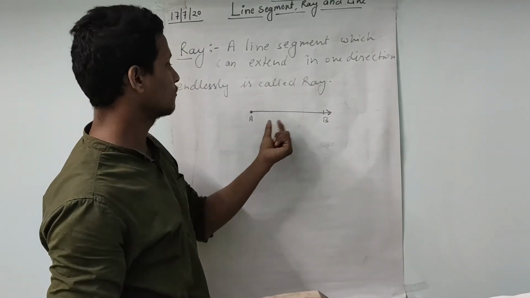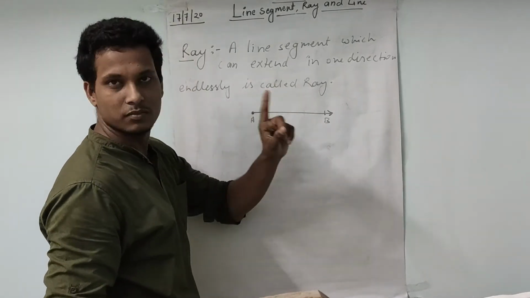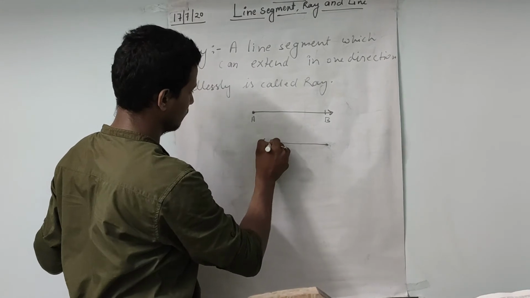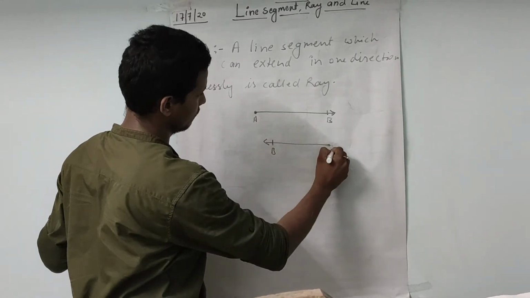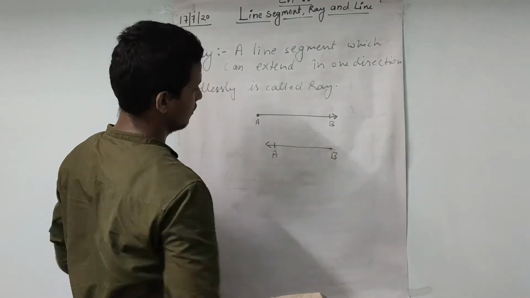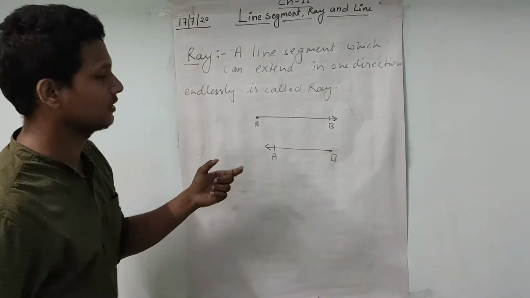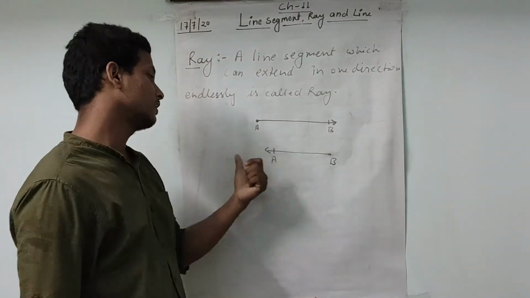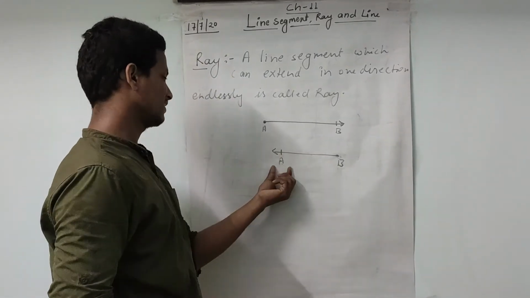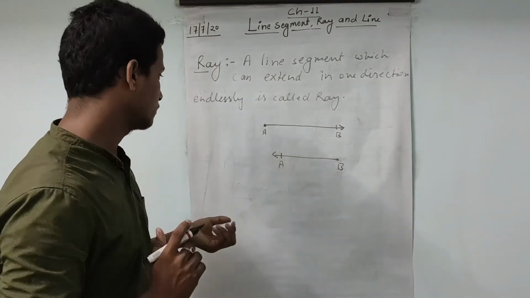So this ray is starting from A, which is the end point, and moving towards B. We can write another one like this also, going in the other direction: it is starting from B and going towards A. The arrow only indicates that the ray is going towards that particular point. At that end it is not defined.